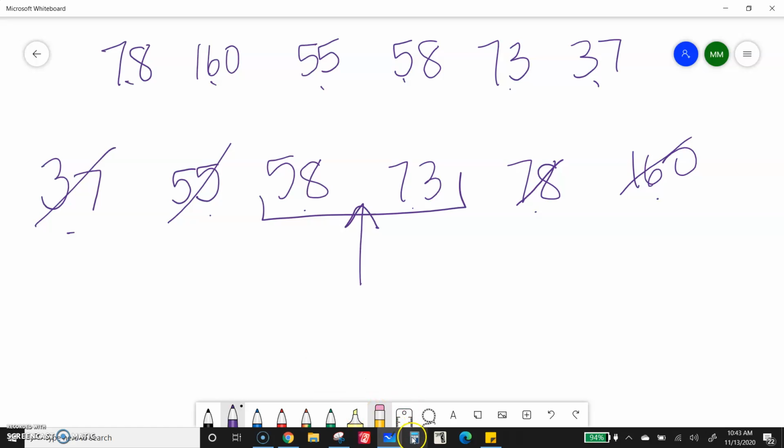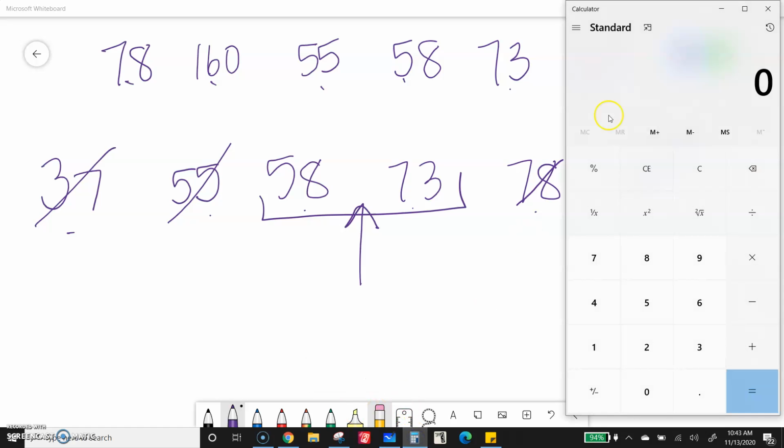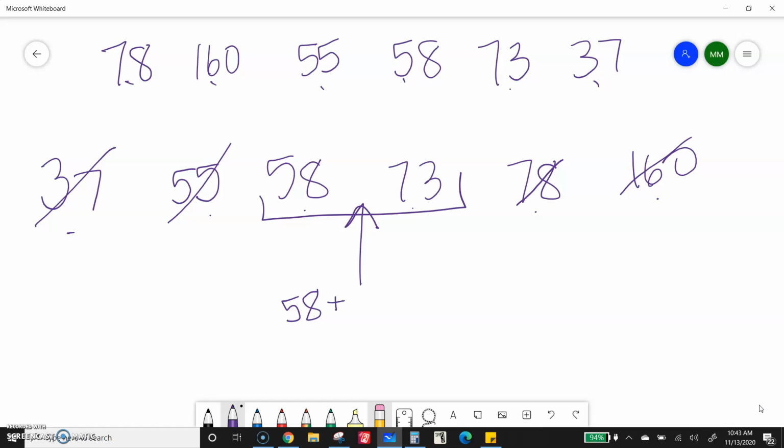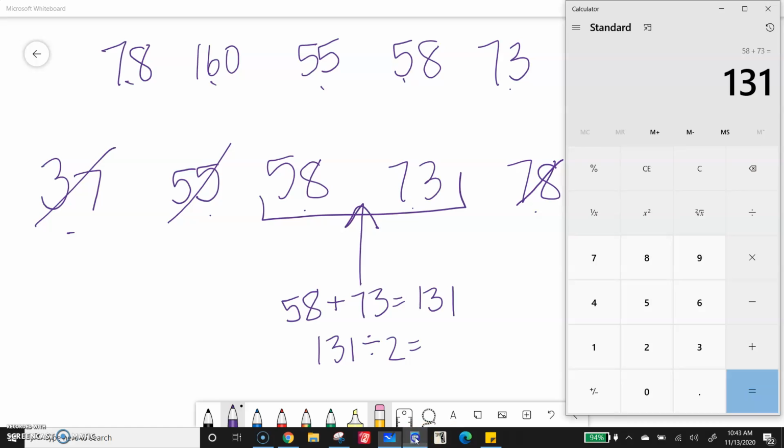So the way I do that is I can use a calculator. Calculators are fine for this unit. I need to add them together. 58 plus 73 equals 131. Then I take that number and I divide it by 2 to find out what is exactly in the middle. So essentially I'm finding the mean of those 2.